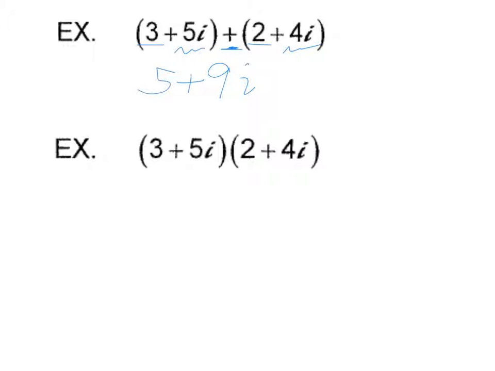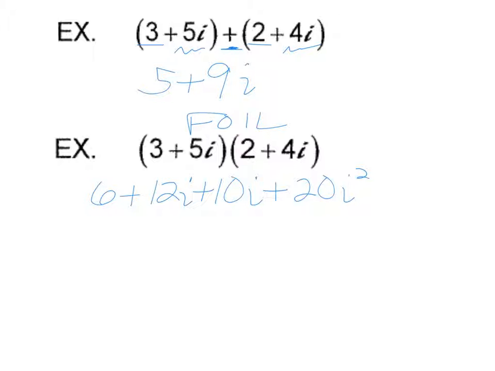The second example, we are multiplying, so we need to FOIL. Multiplying first, 3 times 2 is 6. Outside would be 3 times 4i is 12i. Inside, 5i times 2 is positive 10i. And then last will be positive 5 times 4 is 20, and i times i is i squared.